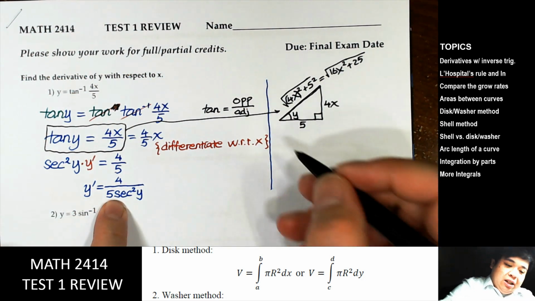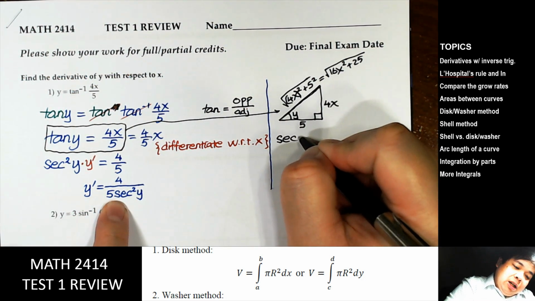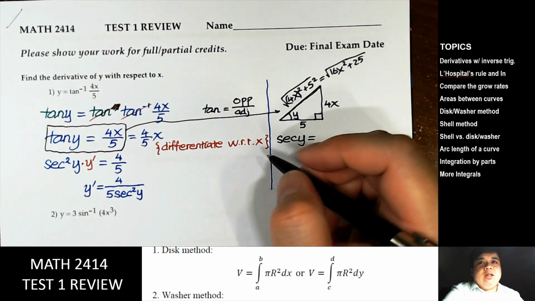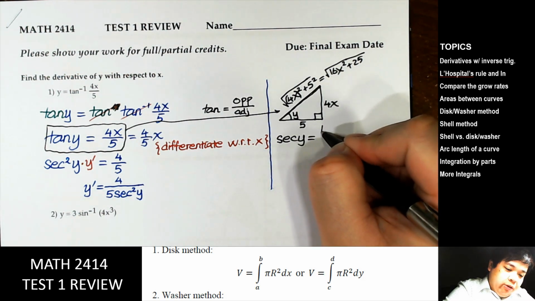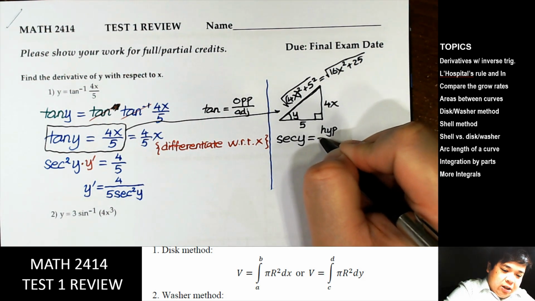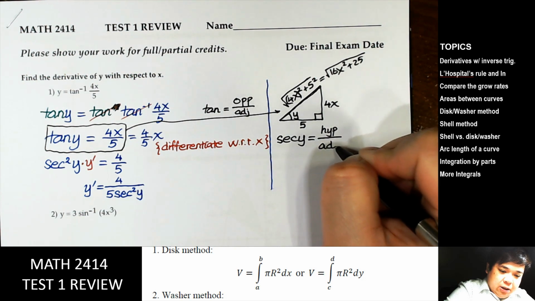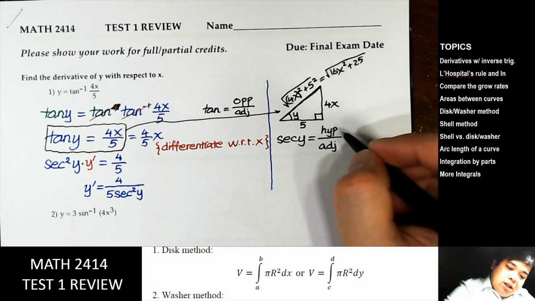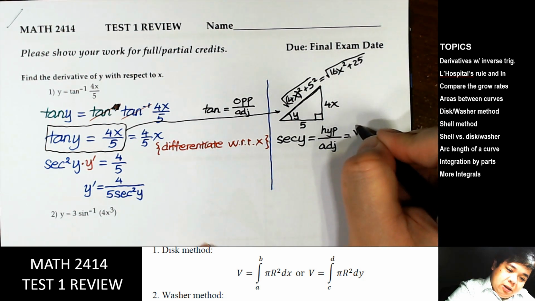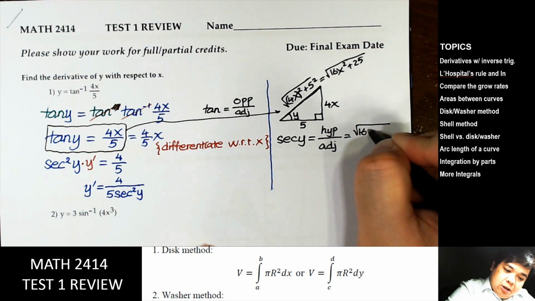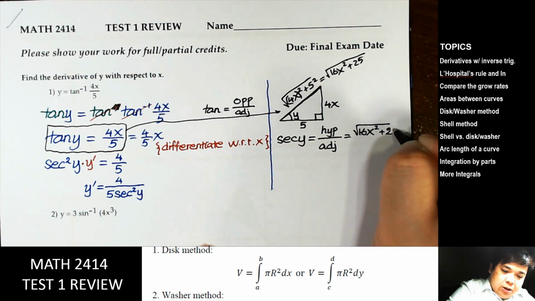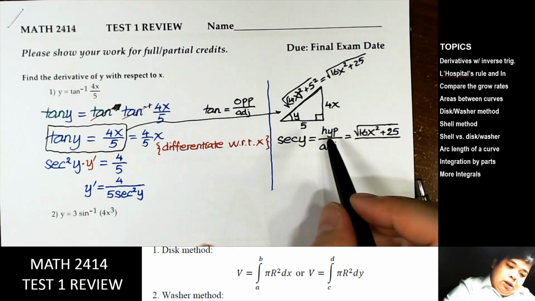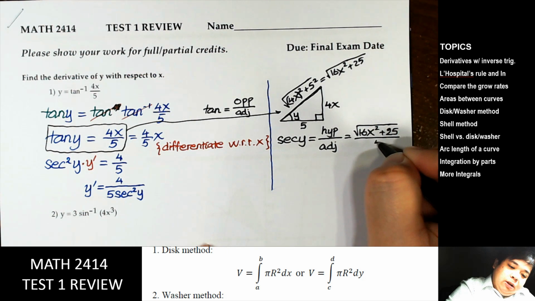And then we need secant. Secant is 1 over cosine, and cosine is adjacent over hypotenuse. So secant is hypotenuse over adjacent, the reciprocal of cosine. The hypotenuse is that, and the adjacent will be 5.